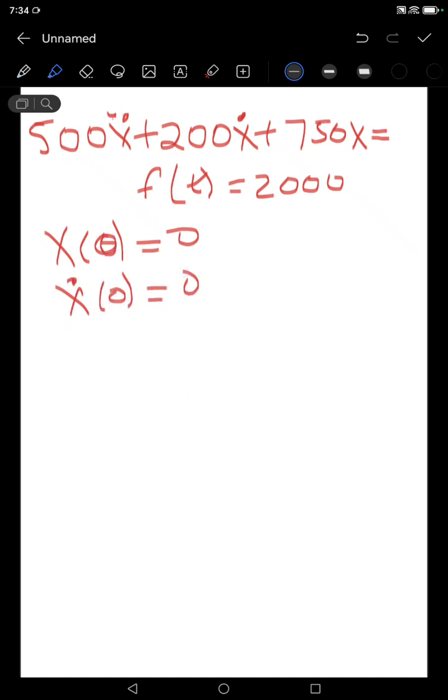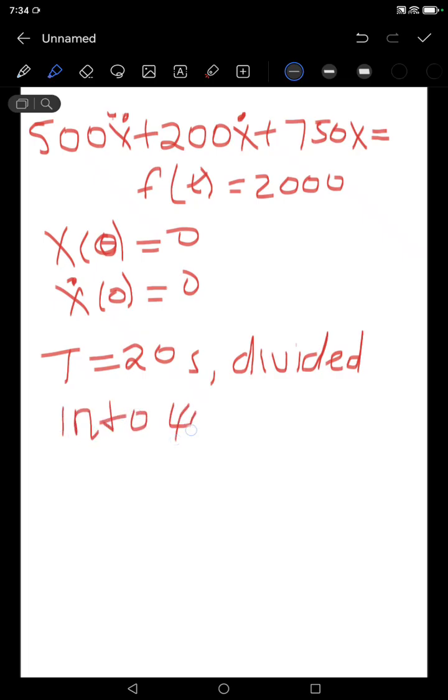Okay, and then at the bottom of the problem, we're also given time. They say t is equal to 20 seconds, which is divided into 400 equal steps.